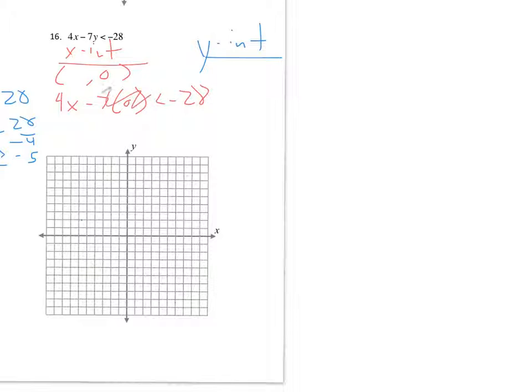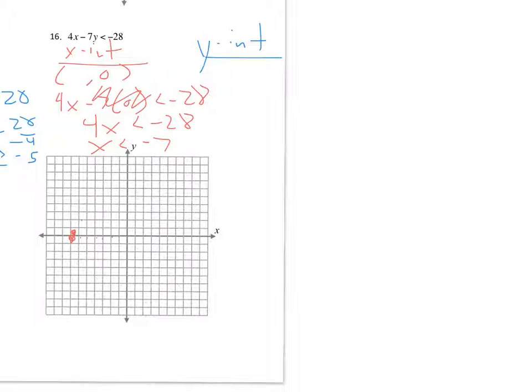When something's multiplied by 0, it goes away. 4x less than negative 28. So I get x-intercept of negative 7. 1, 2, 3, 4, 5, 6, 7. There.